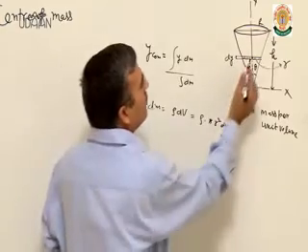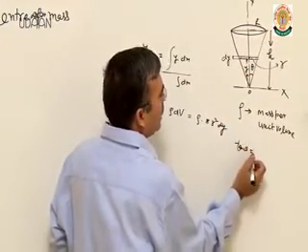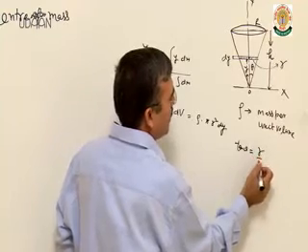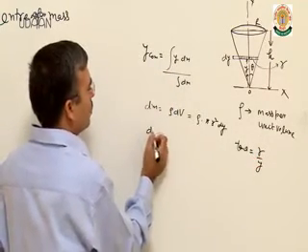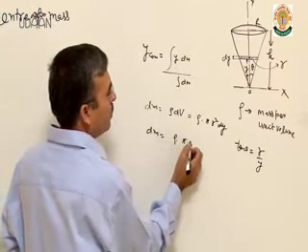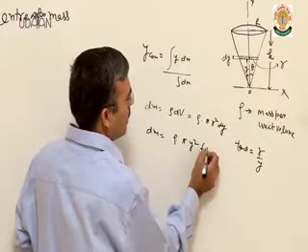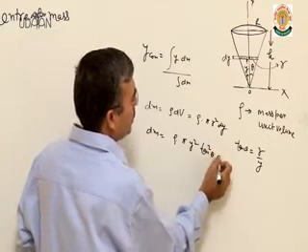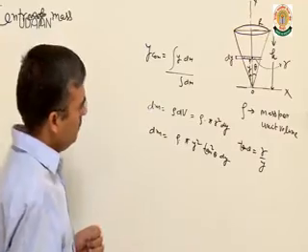Now, if you take tan theta equal to r divided by y, so r equal to y tan theta, so you can write dm equal to rho into pi into y square tan square theta into dy. It is dm.